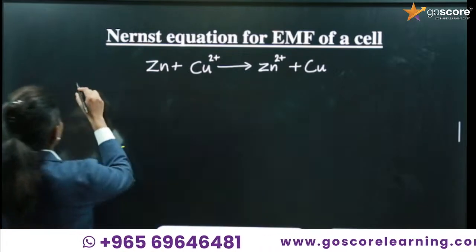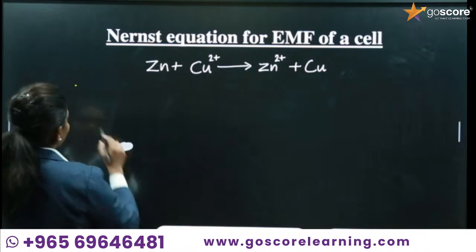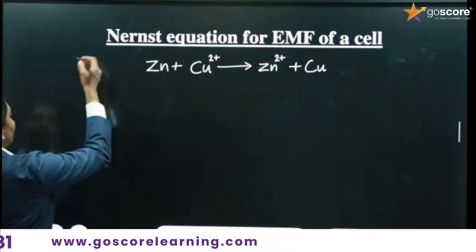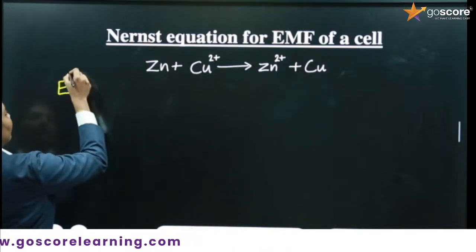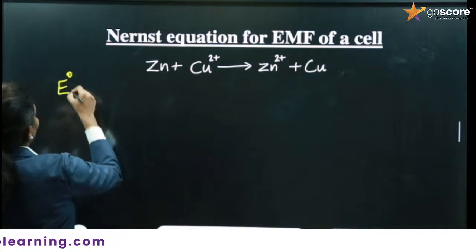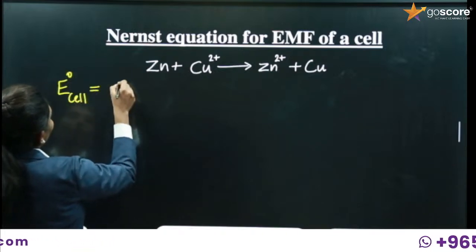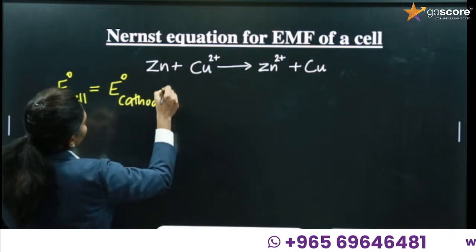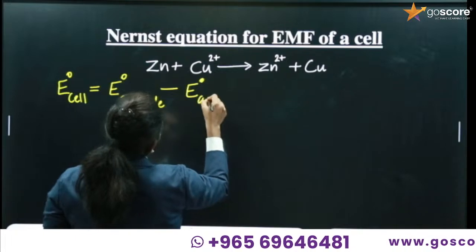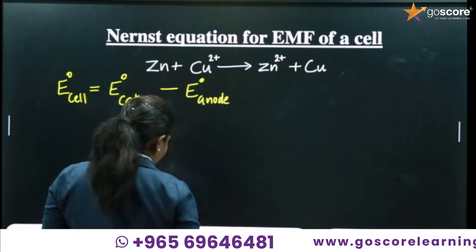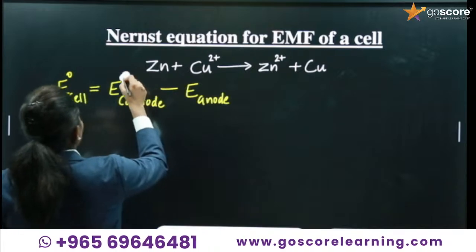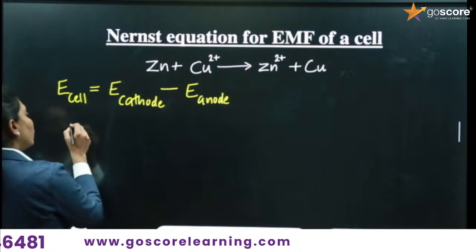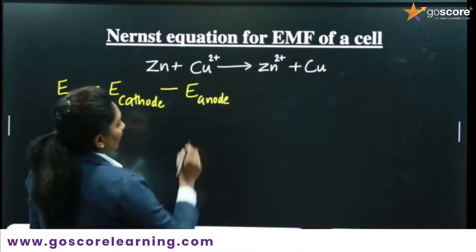So for that, how can we write the equation? E naught cell will be equal to E naught cathode minus E naught anode, or we can write E cell is equal to E cathode minus E anode, right? Then what is E cathode? Cathode is copper, right?